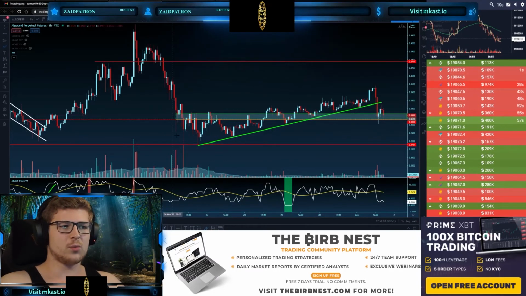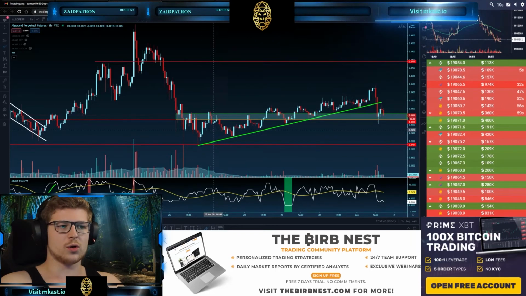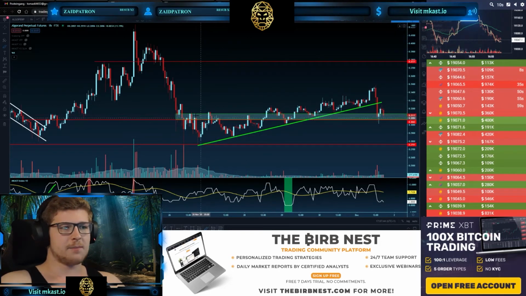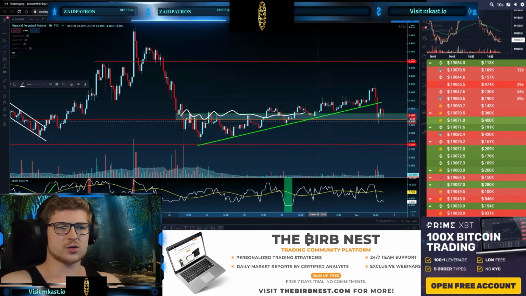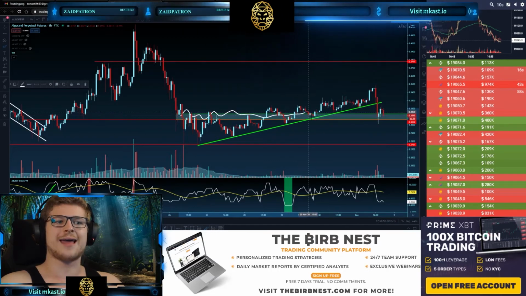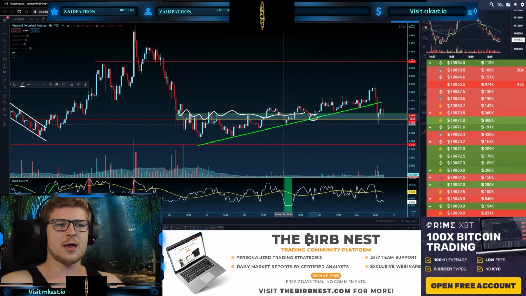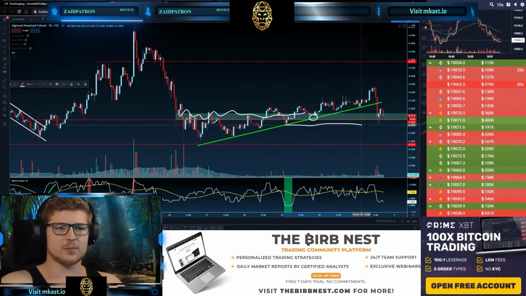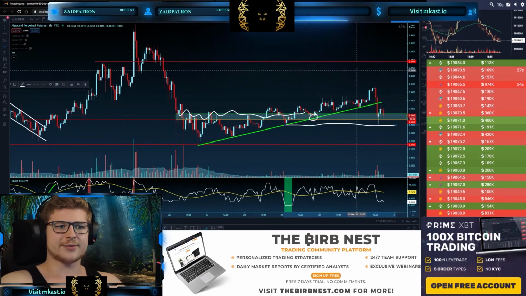So the very first thing would be to first make sure that you are in profit. Maybe you entered in this green box. So anything below this green box, you're moving the stop loss manually, and as soon as you're seeing, okay, now my higher low, my green box, has been turned into a support, now I'm going to be putting my trailing stop loss once again at the previous low, and I'm just going to let it trail.